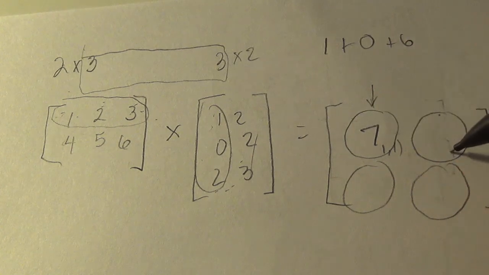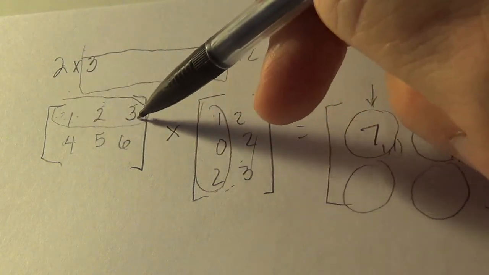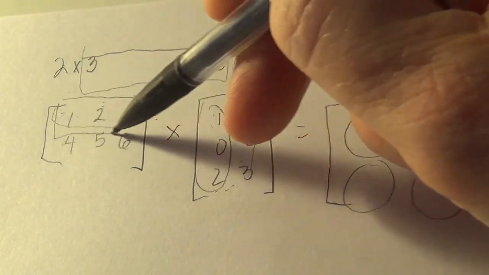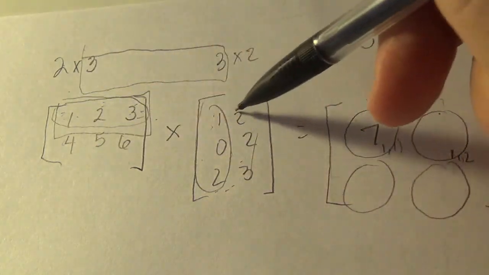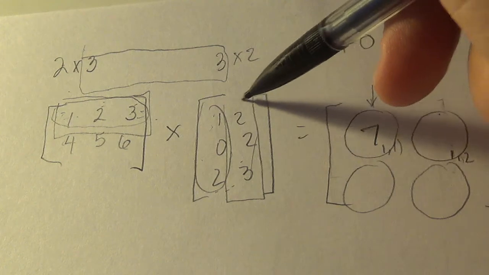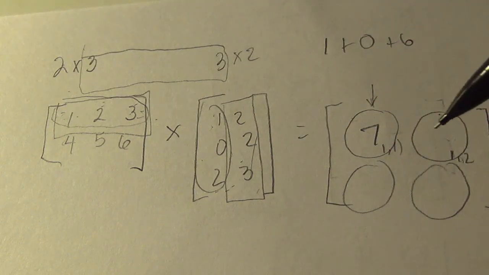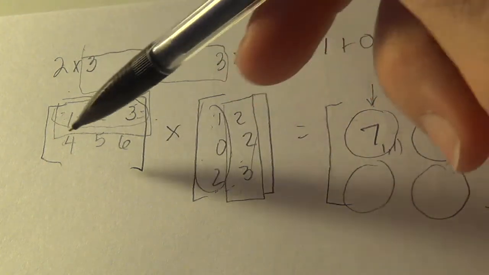Alright, now I'm going to go on to this one. Notice it's still in the first row, but now it's in the second column. So it's going to involve the first row, and it's not going to involve this one. So I'll use a rectangle. It's going to use the first row and the second column, again, because this is in the first row, second column. Alright, and we're going to do the procedure again.